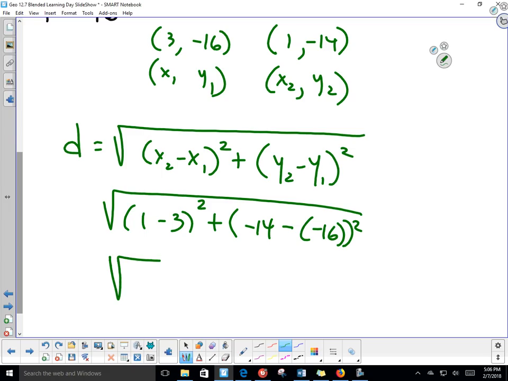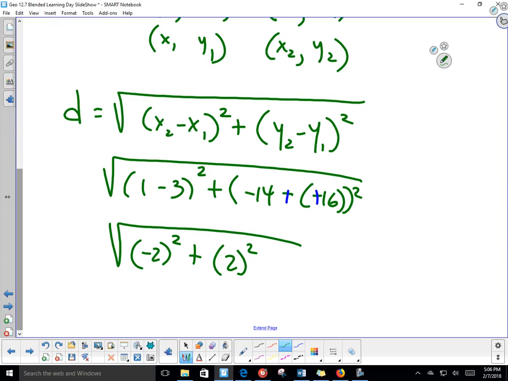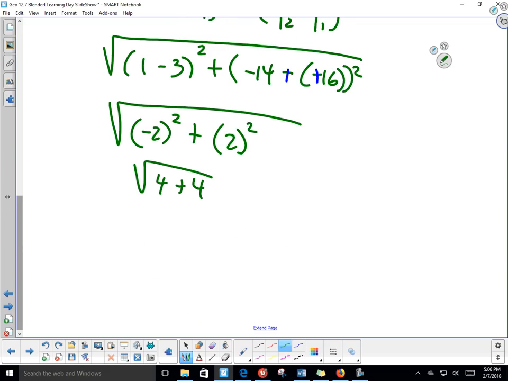So here we have -2 quantity squared. Make sure that -2 is in parentheses before you square it. And here we've got -14 plus a positive 16 is going to be 2 squared. And when we work that out, -2 times -2 is 4, 2 times 2 is 4. So we're getting square root of 8.